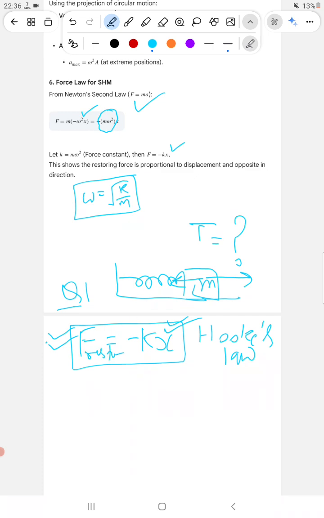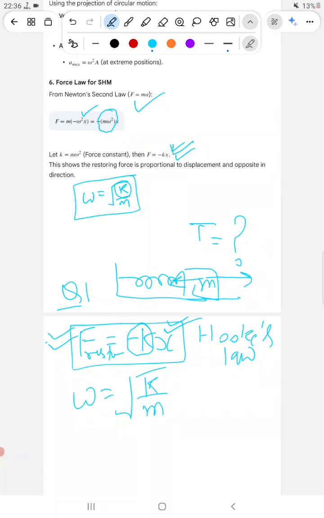If I compare, both of these are similar, so I can use this k and this k to be the same for this case only. Then I will write here the angular frequency of oscillation comes out to be root k upon m, similar to the above equation.